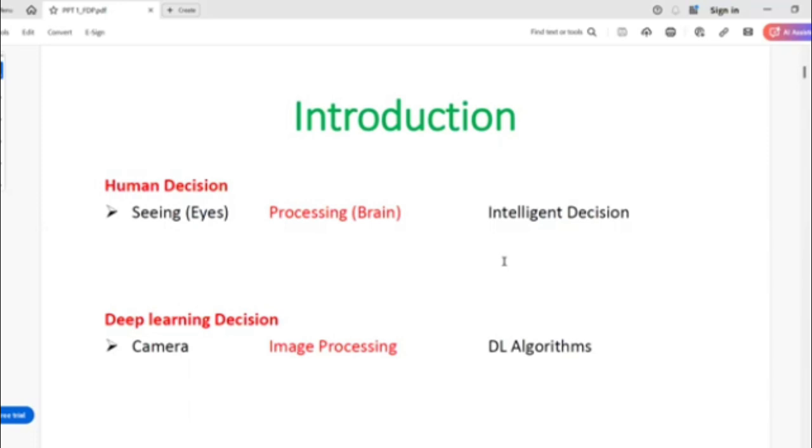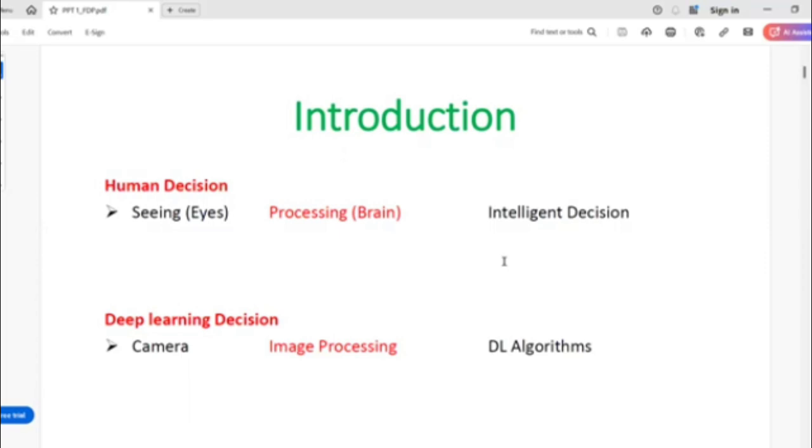The same replica of the human decision system, we have as a deep learning system. Here, in the place of eyes, the camera will be capturing the image. A satellite is a camera, a radar is a camera, your MRI scans, your X-ray, everything will be a camera. In the case of a human decision system, your eye is a camera. Here the mechanized system is a camera.